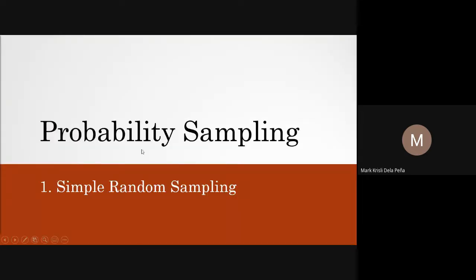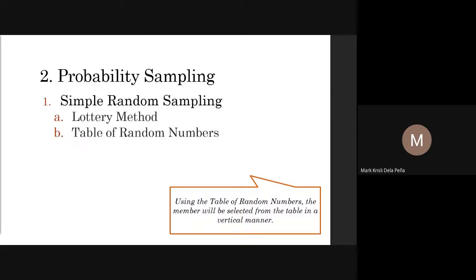Under this technique, I will be presenting two methods: the lottery method and the table of random numbers. When we say lottery method, one example is performing a lottery type draw. Say for example, in a certain class I have 40 students and I only want 10 of them to be respondents of my study.